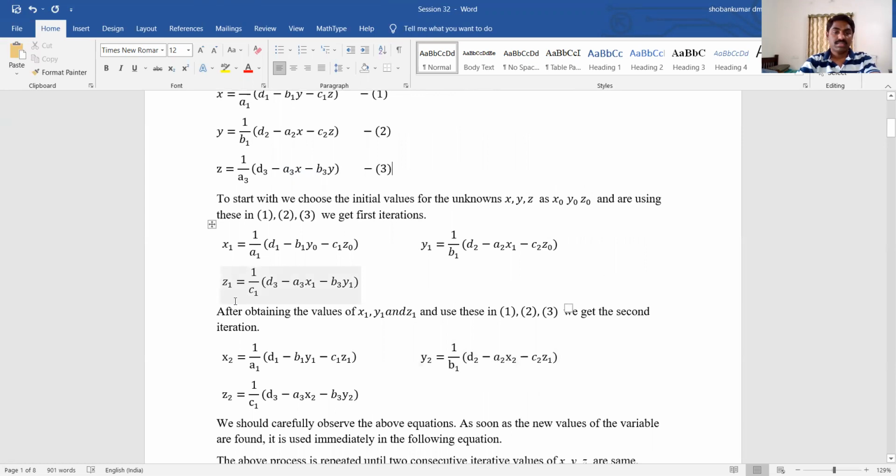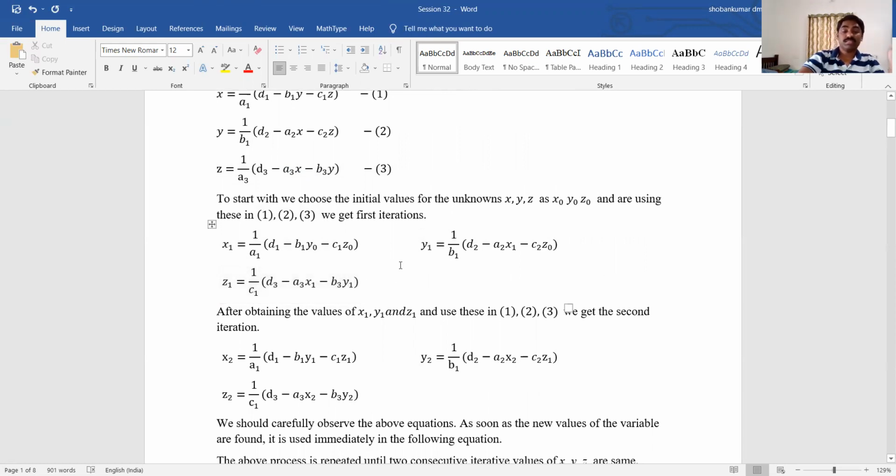Now z1 is equal to 1 by c1 into d3 minus a3x minus b3y, because here x1 is known and is a better approximation to x naught, and instead of y naught, y1 is a better approximation, so we use y1.